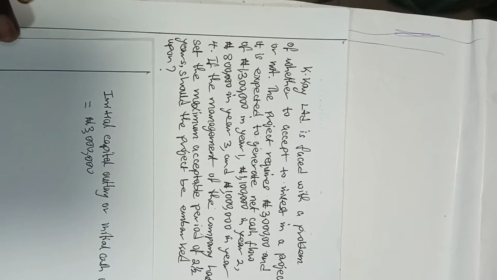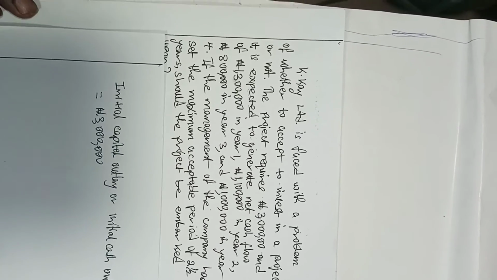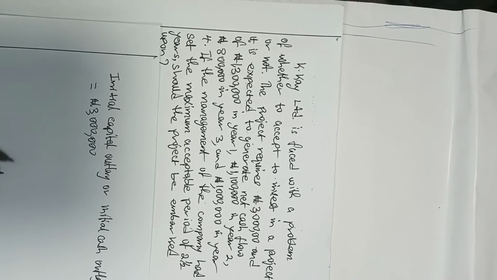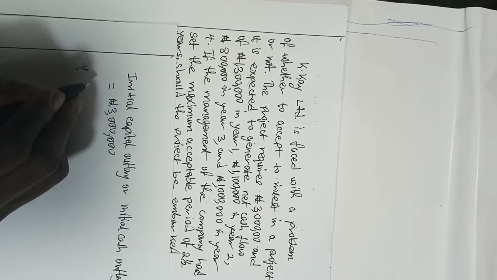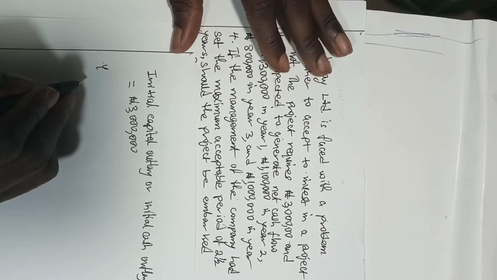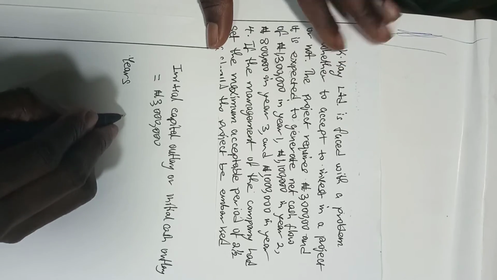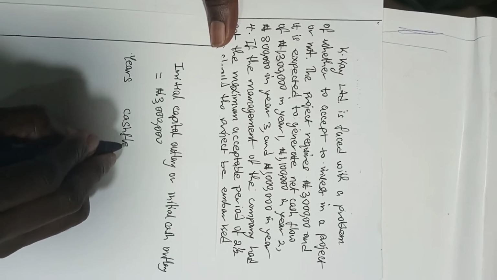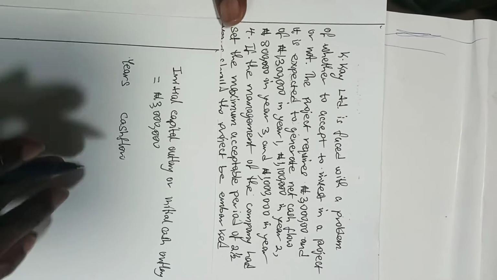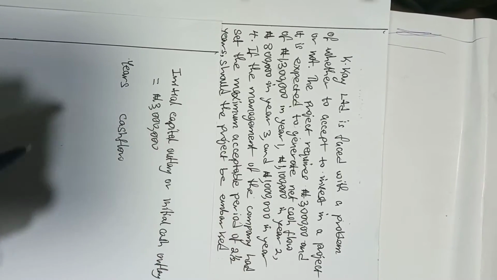So let's proceed. How to calculate the payback period? The first thing you need to do is write years. Then we write cash flow. The cash flows are the income generated by the investments.